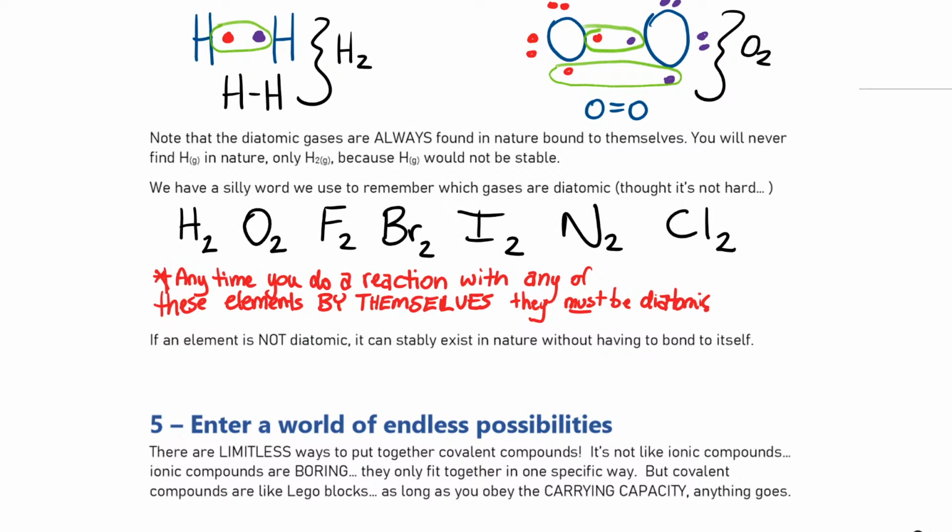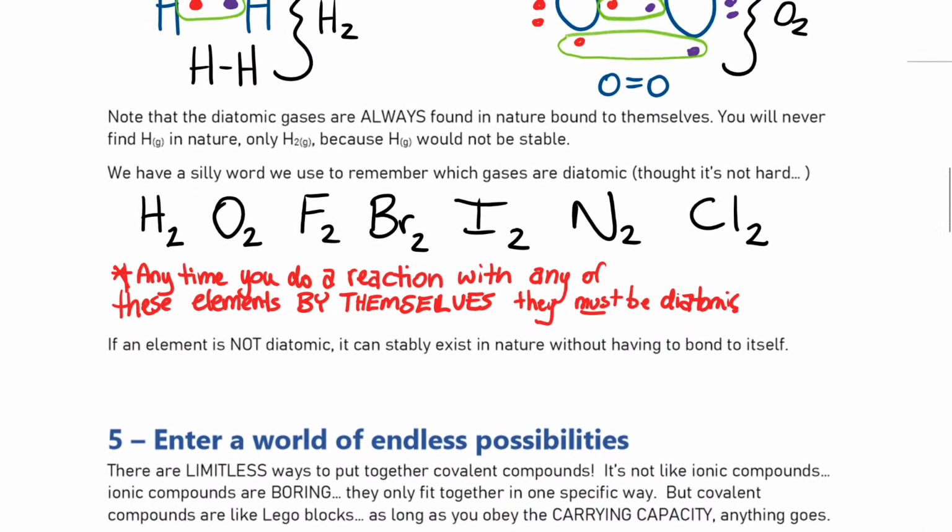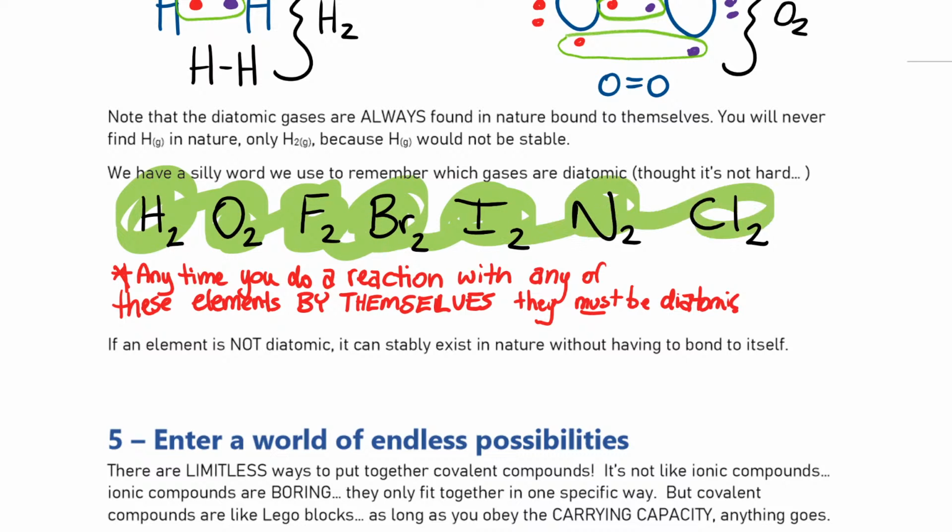If I were there right now, I have a thing I do where I would make you all stand up and chant the diatomic elements as if you were a kindergarten class. I don't know who your substitute teacher is off the top of my head, but if I were he or she, I would totally make you do this, where I would point to each of these one at a time and make you say hydrogen, oxygen, fluorine, bromine, iodine, nitrogen, and chlorine.